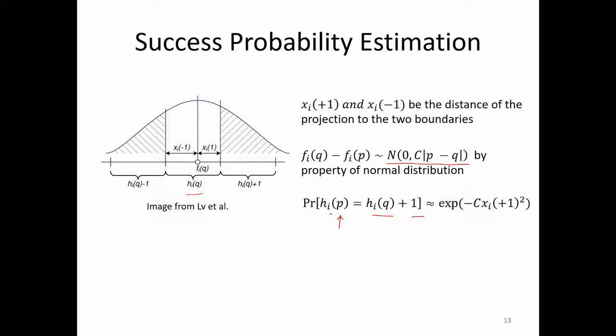That is, that point P's bucket is actually bucket q plus 1. What is the chance of that happening? That chance depends on how far this point is from here.